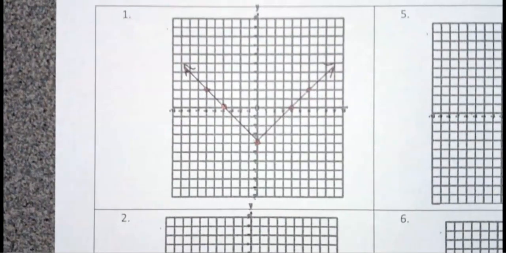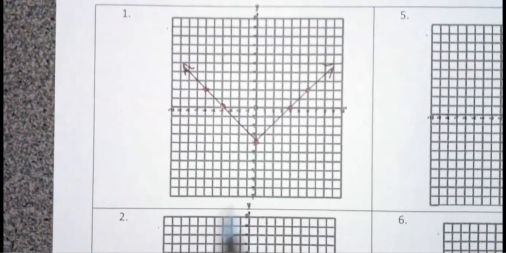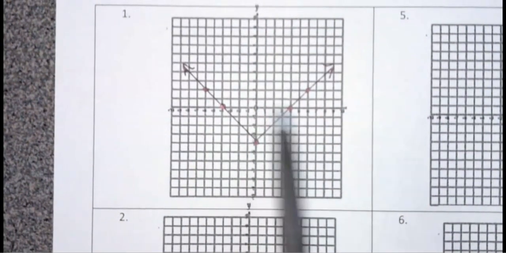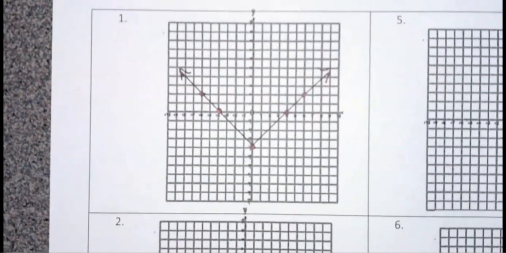And that is what the absolute value graph looks like. And since the normal absolute value graph would look like the exact same thing, it just would be moved up. So since it's absolute value of x minus 4, it moves the entire graph down by 4.